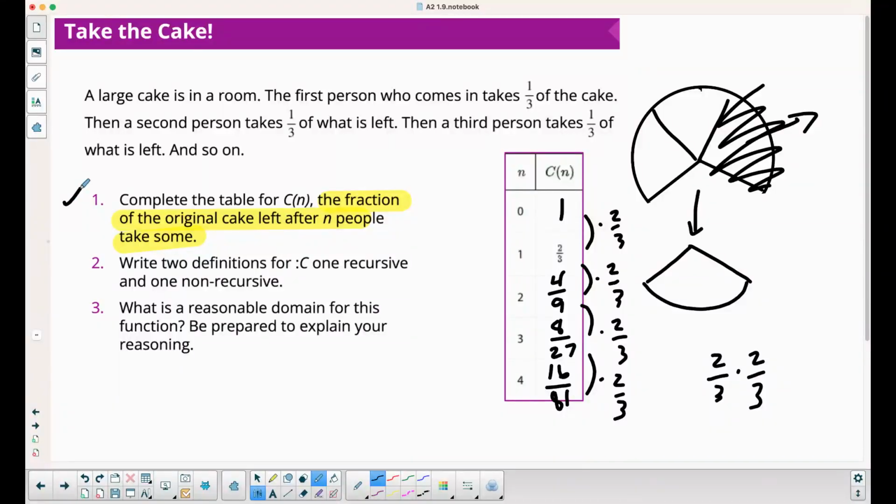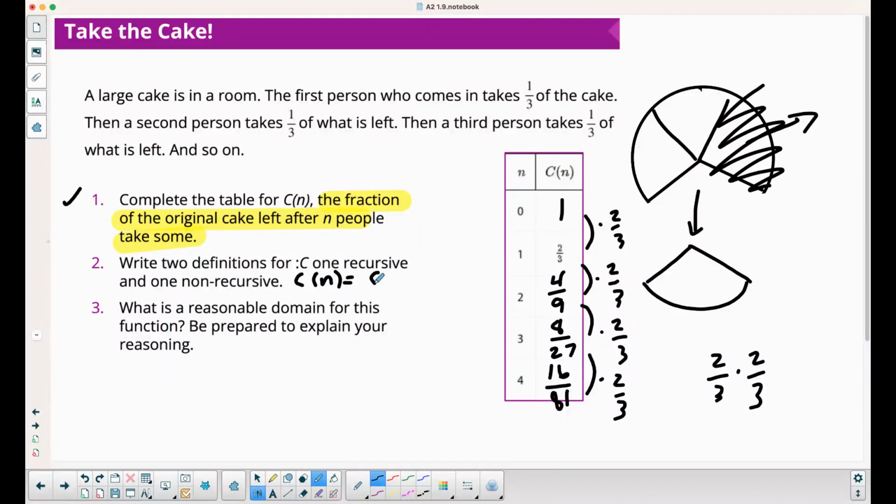All right, write two definitions for C, one recursive and one non-recursive. So let's see here, one recursive and one non-recursive. I should have left a little bit more room here. So your recursive one is going to be pretty easy. What do you do to the previous term?